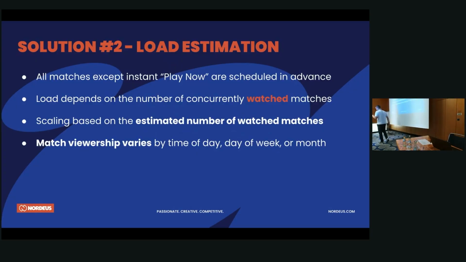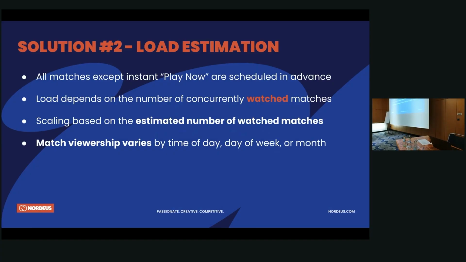As I said earlier, almost all matches are scheduled in advance on the competition service. And we said that the 3D simulation engine load depends on the number of concurrently watched matches. So our idea was to scale resources in advance based on the number of estimated watched matches.